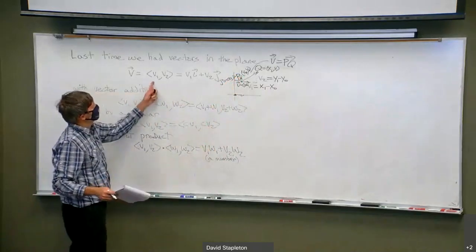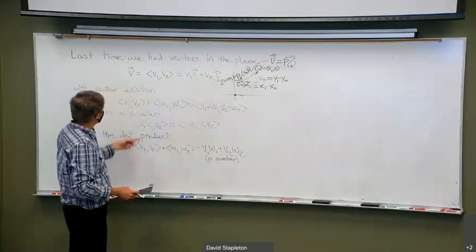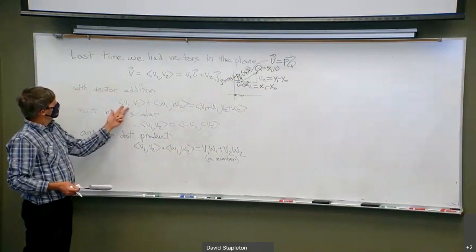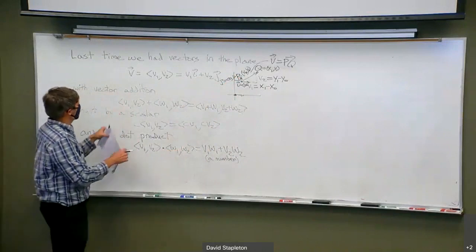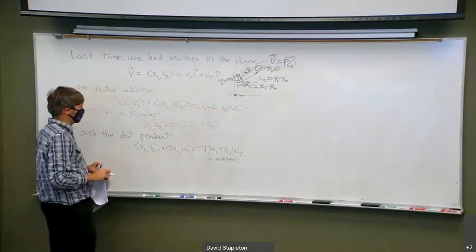Then you can also write this as V1 times I plus V2 times J, where you've introduced vector addition and multiplication by a scalar. The sum of two vectors, you just add them component by component. This plus this, and this plus this gives you the components of a new vector.